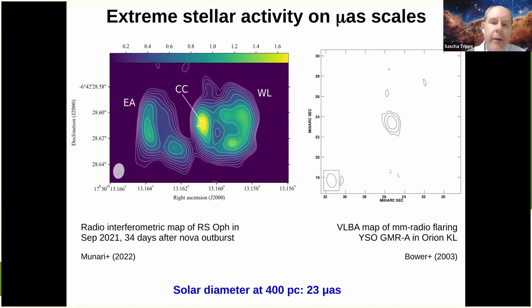For example, as we have here on the left-hand side, a cataclysmic event. This is RS Ophiuchi, a famous cataclysmic binary that underwent a nova outburst in 2021. Essentially, we assume that material is streaming from a main sequence star or a giant star onto a compact remnant, like a neutron star or a white dwarf.